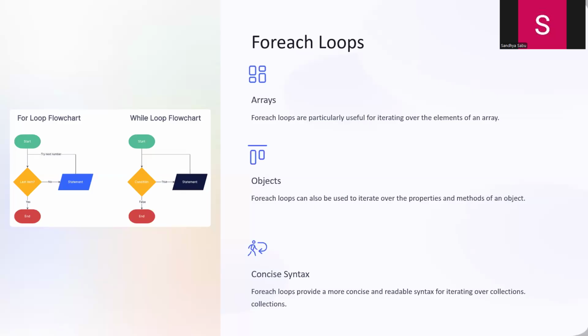Next one is the for each loop. This for each loop is somewhat different from the for loop. In the for loop, we have to initialize the counter variable, we have to specify the condition, and we have to mention whether it is increment or decrement.